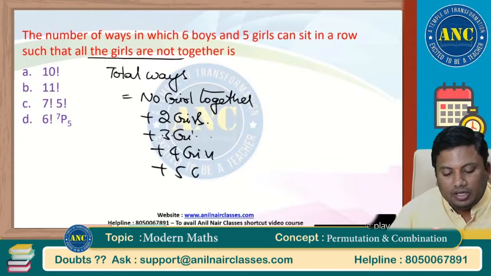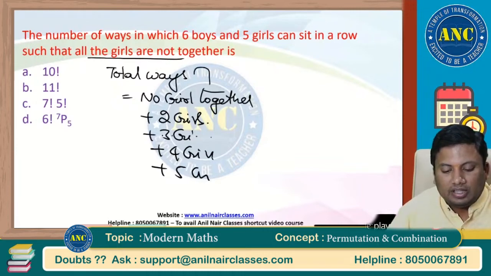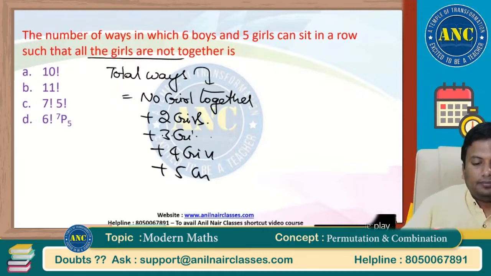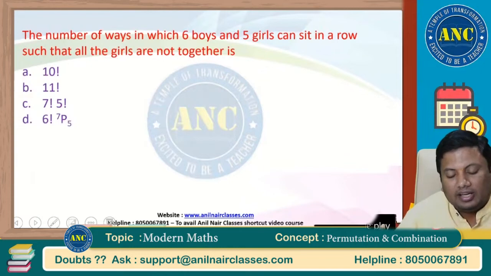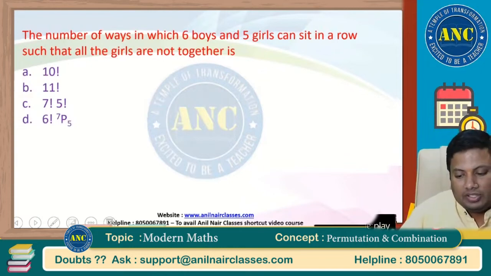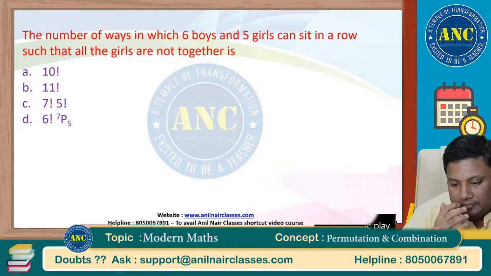Am I right? These are the cases where all the girls are not together. So these are nothing but total ways minus girls together. Please write down, sir. All the girls are not together.